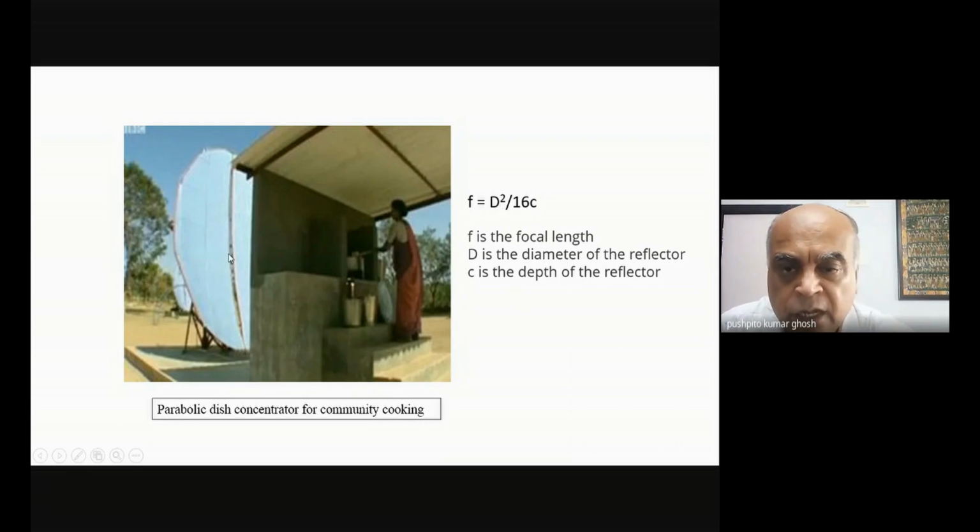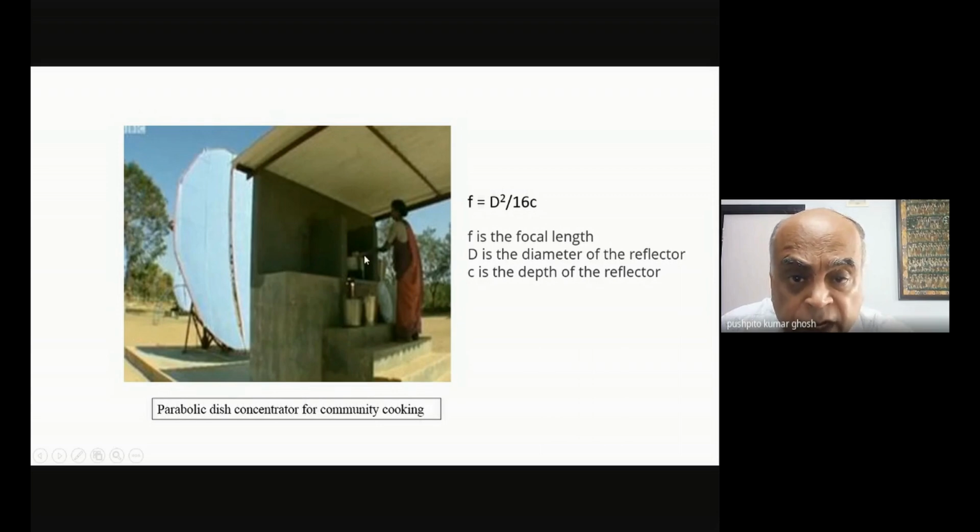And with this, you can easily generate temperatures in excess of 100 degrees centigrade. And so it's very good for cooking, community scale cooking.